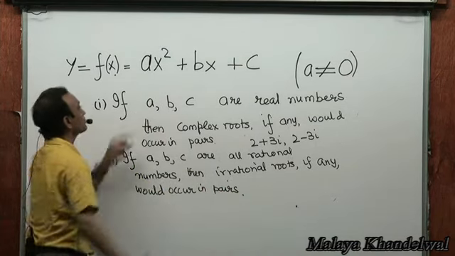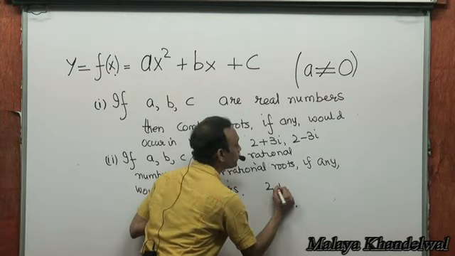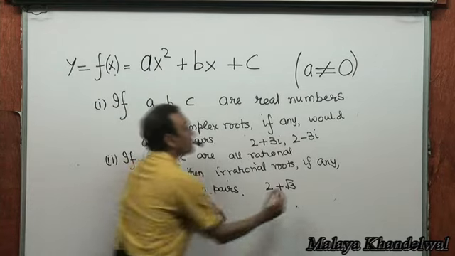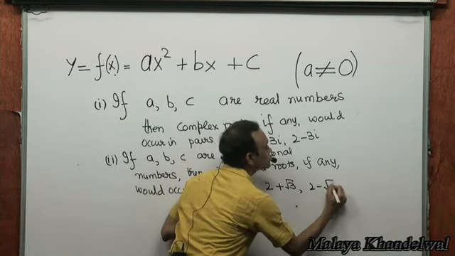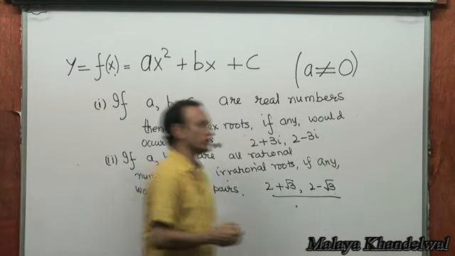What it means is that if these coefficients are all rational numbers, and one finds that 2 plus root 3, which is an irrational number, is a root of this quadratic, then 2 minus root 3 will also be a root of this quadratic.